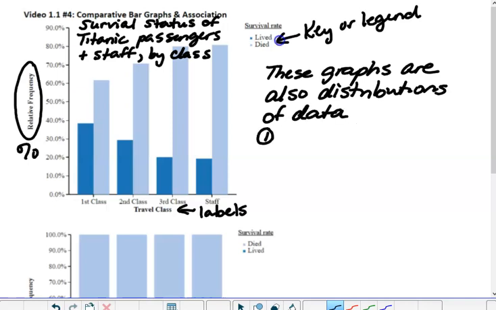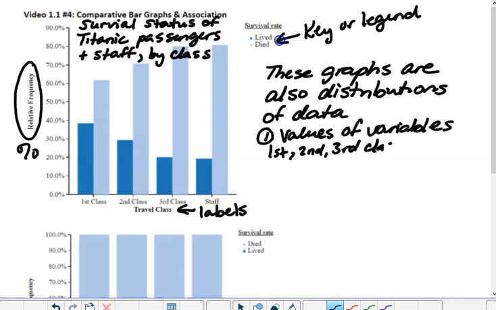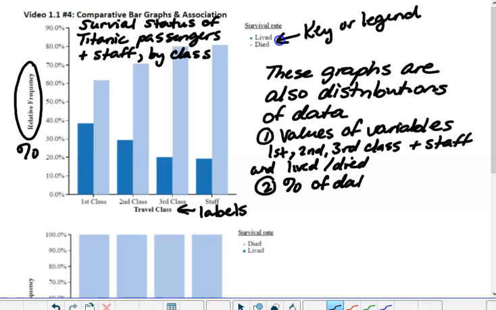They tell us the values of the variable, okay, which are first, second, third class, and staff, and for the other variable, lived, died. Okay, so they tell us the values of the variables and the percent of the data for each value.